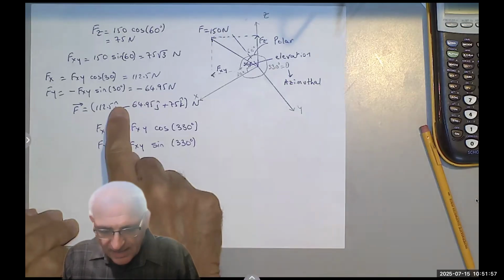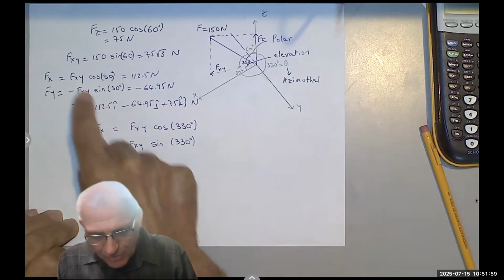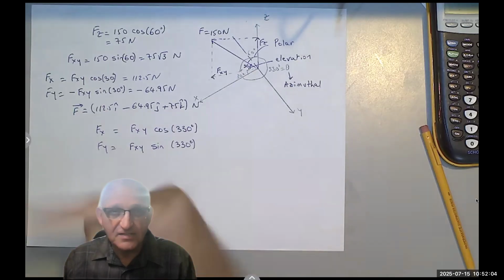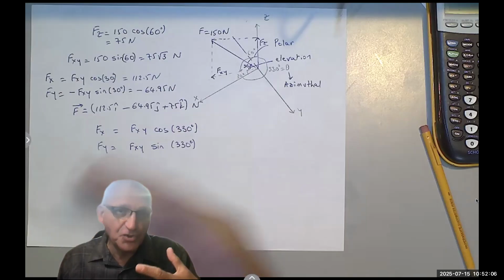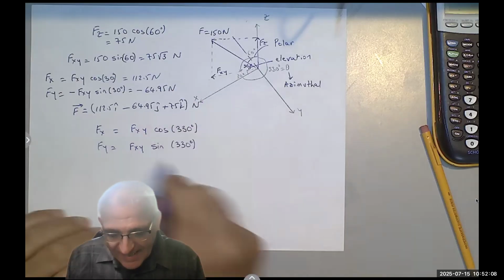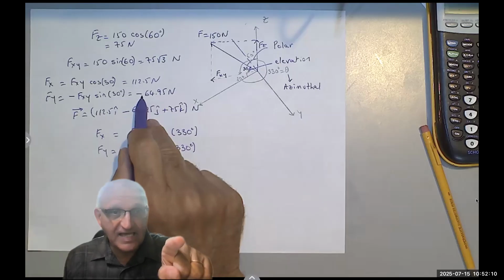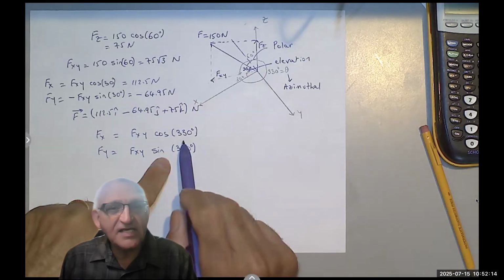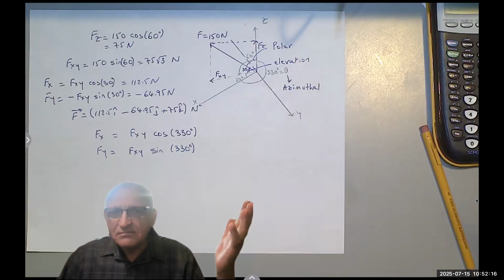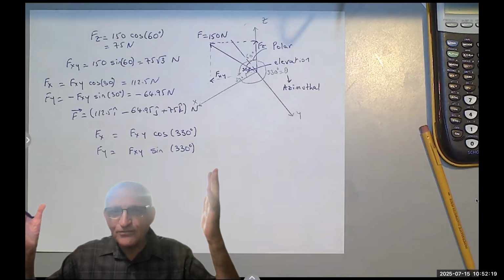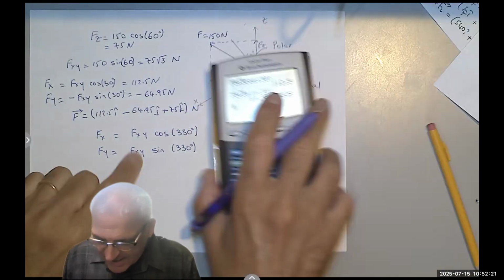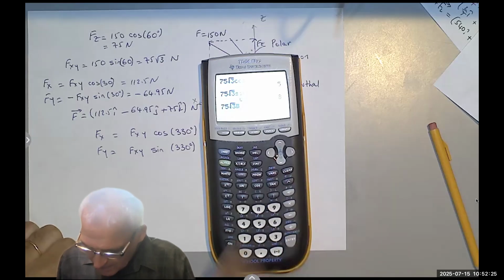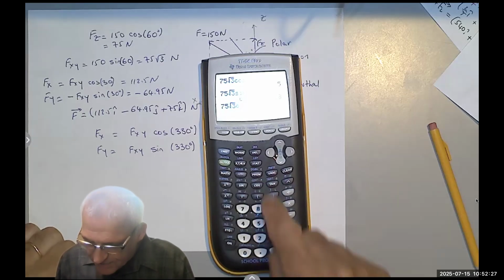The good part about using the 30 degrees is that you can see whether the x and y is positive or negative, and you do it yourself, right? But you had to add the sign yourself because you see it's going into the negative one. But if you are going to use the azimuthal angle, it will do the work for you. So let's say 75 square root of 3 cosine 330.